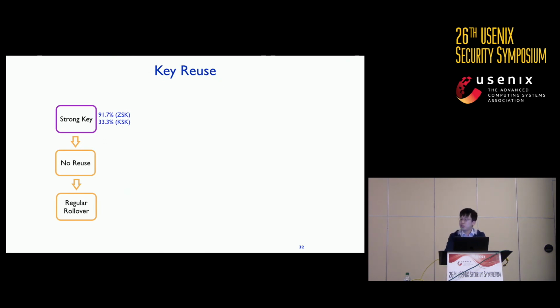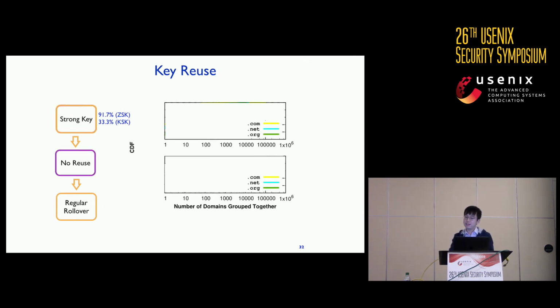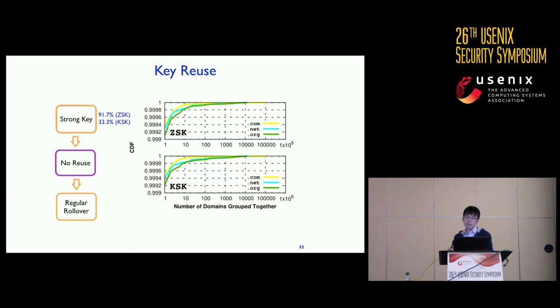How about key reusability? To see the key reuse phenomenon, we group the domains that share the same key. In ideal cases, the graph should lie on the vertical line x equals 1. Here is the result. Now you see that the y-axis starts from 0.999, which means that about 99% of DNSKEYs are not shared, which is good. However, you can see the long-tail distribution, which means some keys are reused extensively.